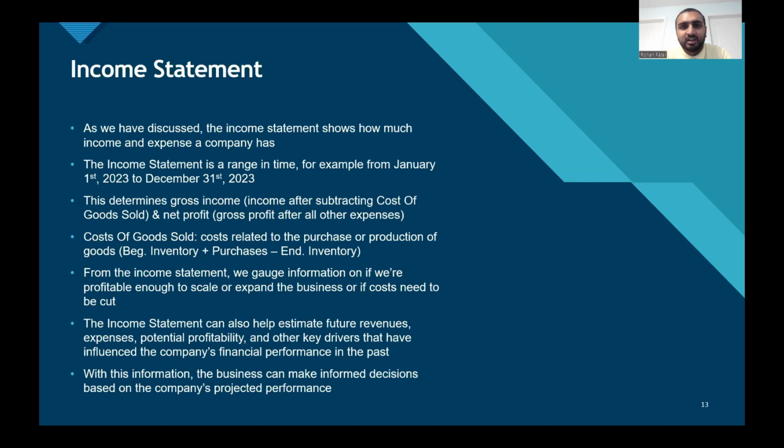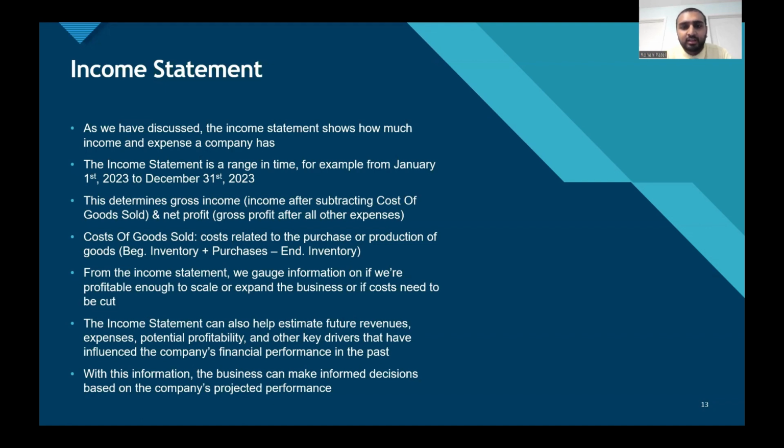In this case, it's typically mostly operating expenses, so the costs incurred from running the business itself rather than the cost of goods sold, which in this definition is related to the costs to the purchase or production of goods, right?